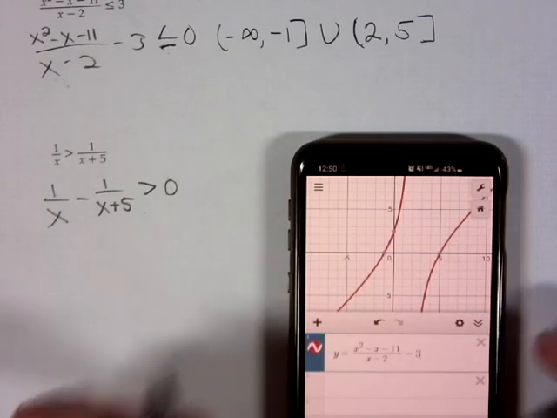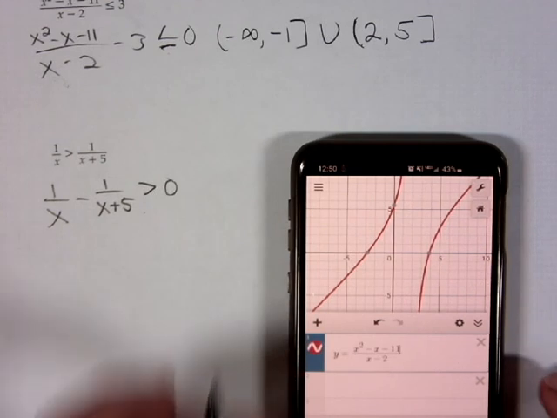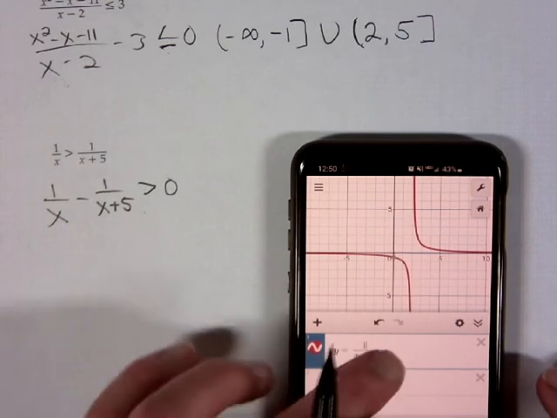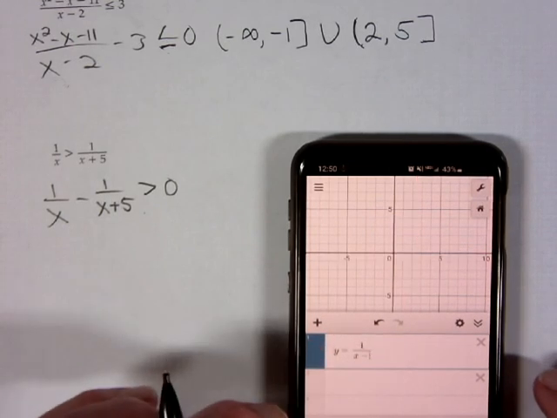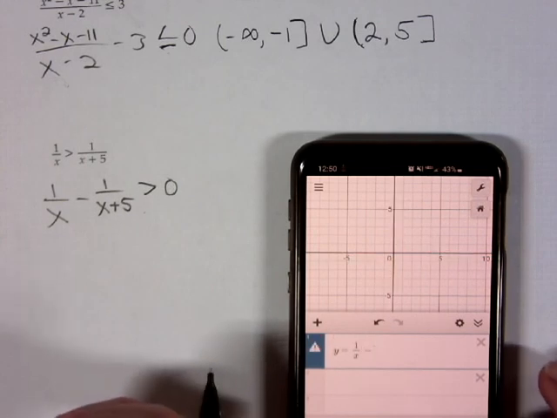So we'll come over here, and we will take off what we don't need there, so that we can change it. And so I'm going to go with 1 over x here. Then it's minus, and I need myself another fraction.